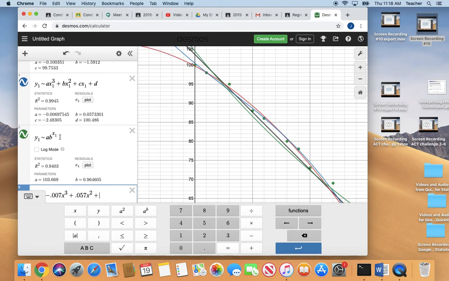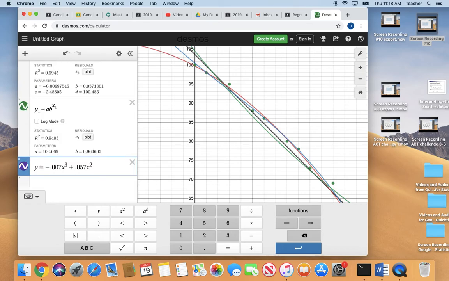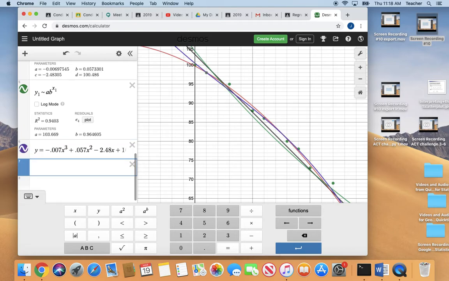I could either put plus a negative or just minus 2.48x. And finally, in place of d, d is 100.486, so I put plus 100.5. That's my equation.